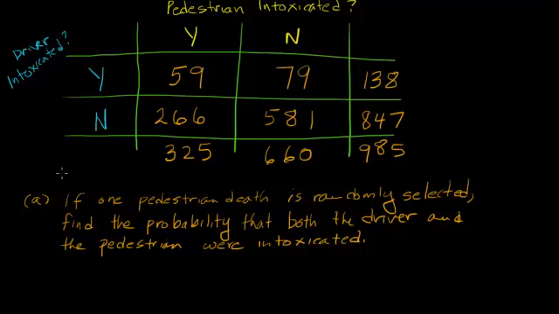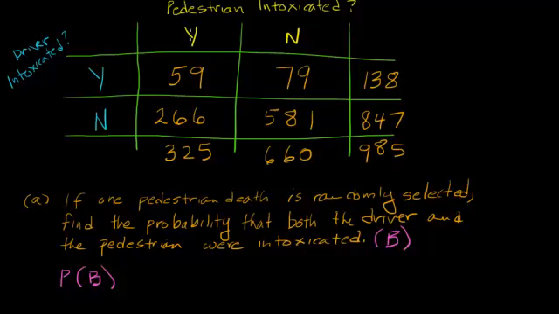So let's call this event B. So I'll just label it here, B. So the probability of B, where both the pedestrian and the driver were intoxicated, we'll find in our contingency table. And because it's organized so nicely here, this is an easy thing to find.